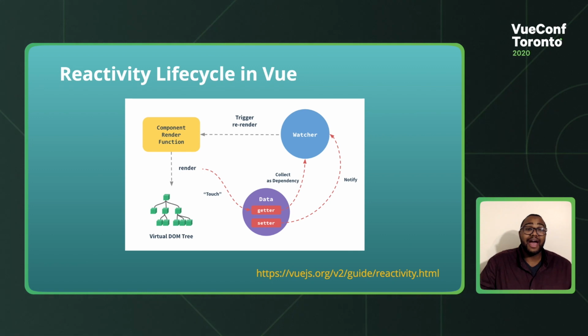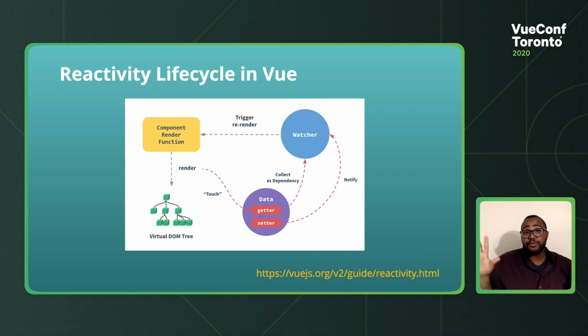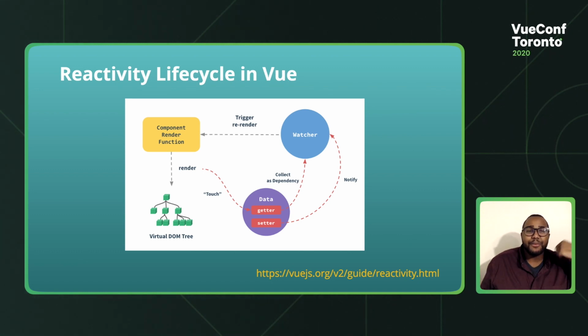Every component of Vue has a watcher instance, and that watcher is the thing that's tracking the dependencies. So basically, right before the render function is called, it says, hey, I'm going to track every single property that you access. And so your component gets rendered, and then every single time you access a value, it's calling that track function. It's realizing, hey, you depend on this value, you depend on this value, you depend on that value.